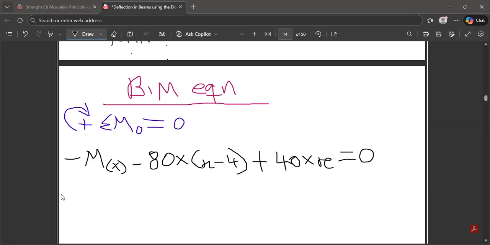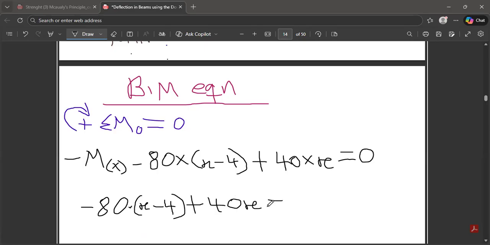So this implies that we are finally going to be left with minus 80 multiplying x minus 4, bracket close, plus 40x.